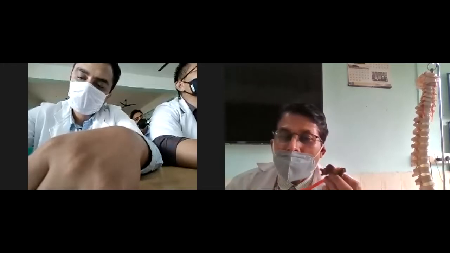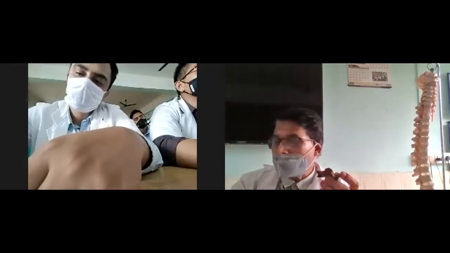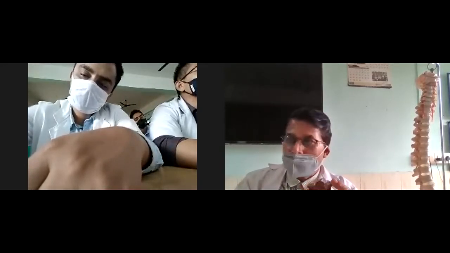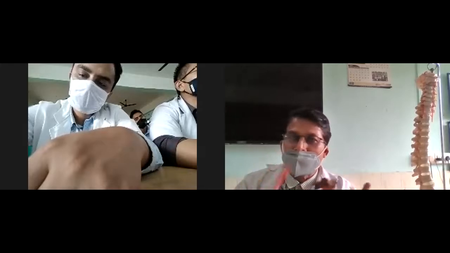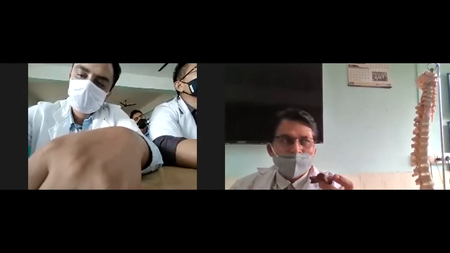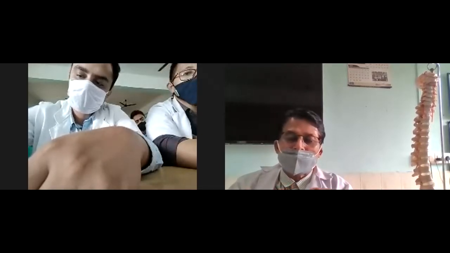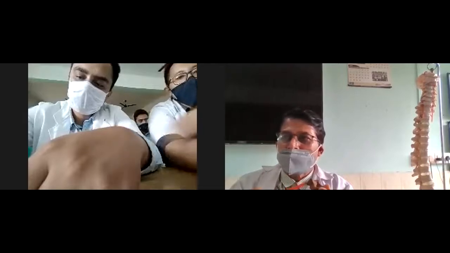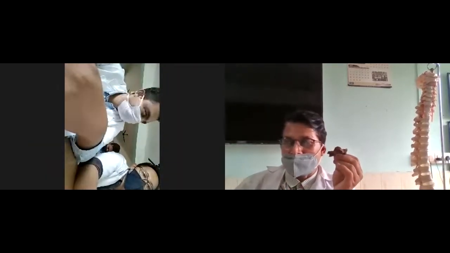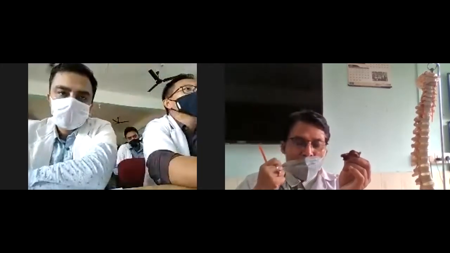The remaining part is developed mostly by the five secondary centers. The five centers are mostly the spinous process, transverse processes, and the joints. So this is how it is developed: primary center here, primary center there, primary center in the center, and the secondary centers are behind. They are all important to the development.